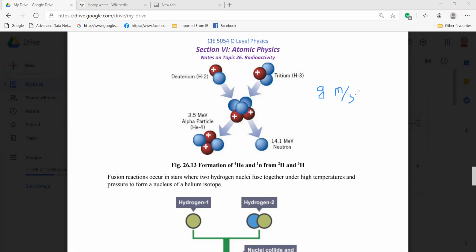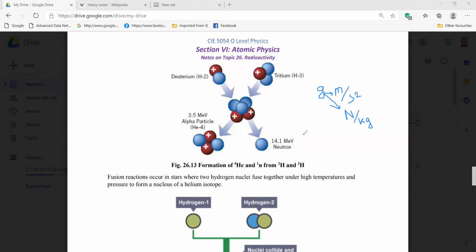The same thing is also known as gravitational field strength, right? And when it is gravitational field strength, we use the unit Newton per kg. So Newton per kg and meter per second squared are equivalent, the same thing. Do you understand?